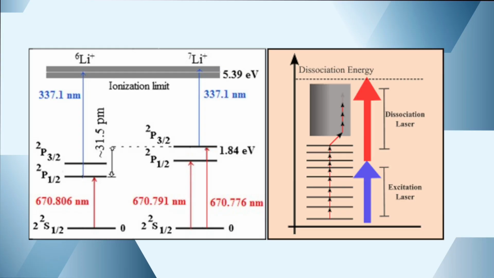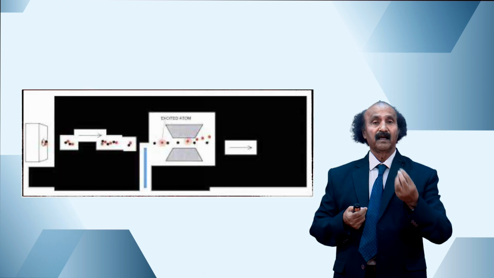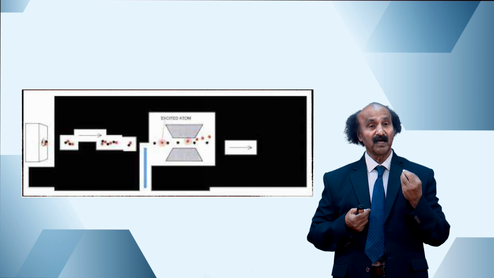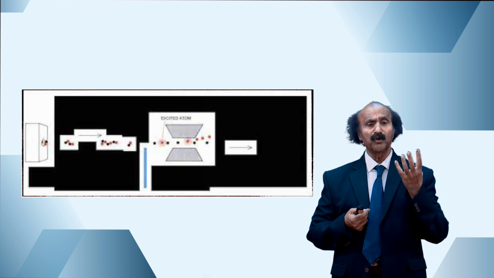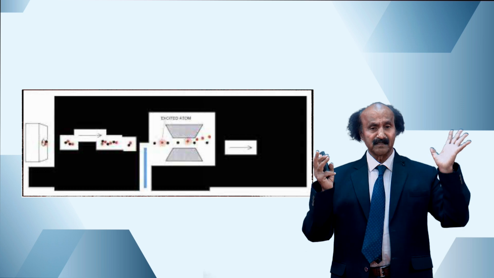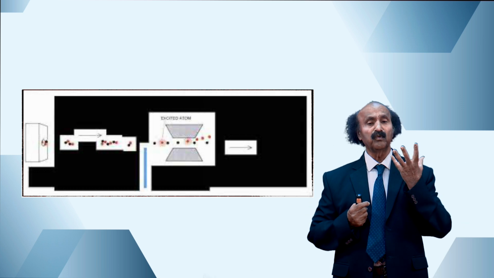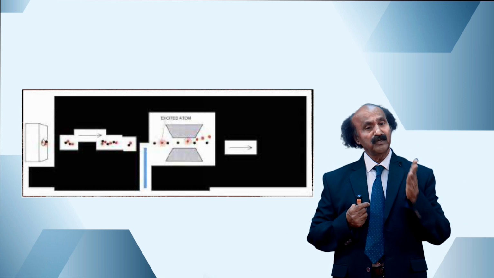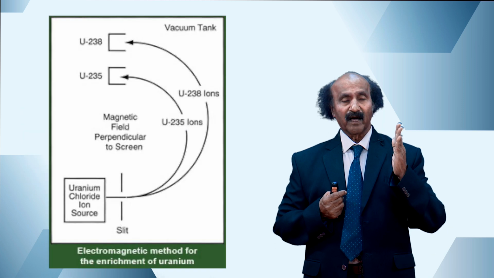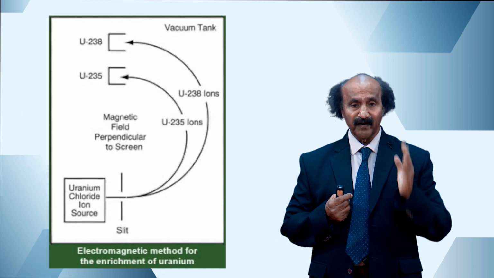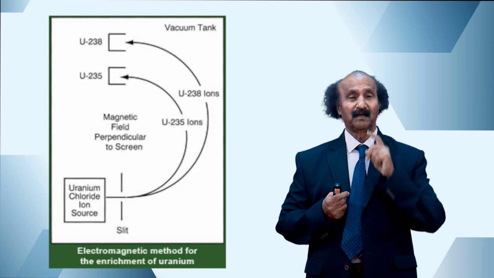For that, the idea that people have used is this kind of multi-photon excitation. I have just given the schematic of this one. It is something like this. You take a molecule, or you take a pure uranium. Let us simplify this one. Let us take pure uranium, in which you have uranium-235 and uranium-238.